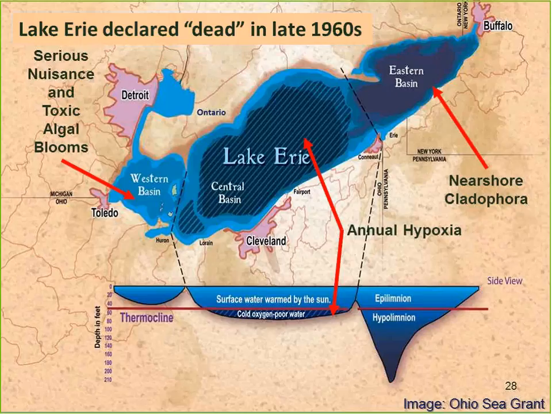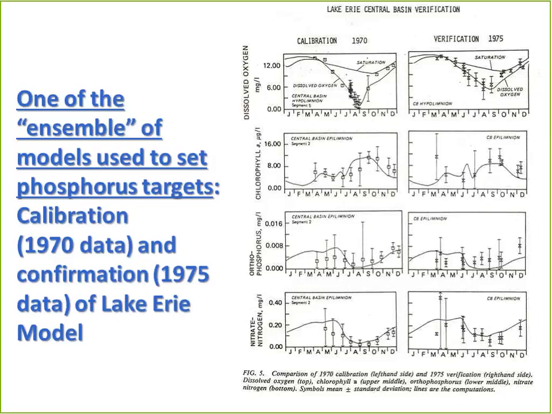So these were all really serious problems in the late 60s and 70s. And so modelers were brought in to try to diagnose them and solve them. And an ensemble approach of models was put together. And these are a few shots from one of them. This is the DeToro model of phosphorus and nitrogen and its effects on dissolved oxygen.